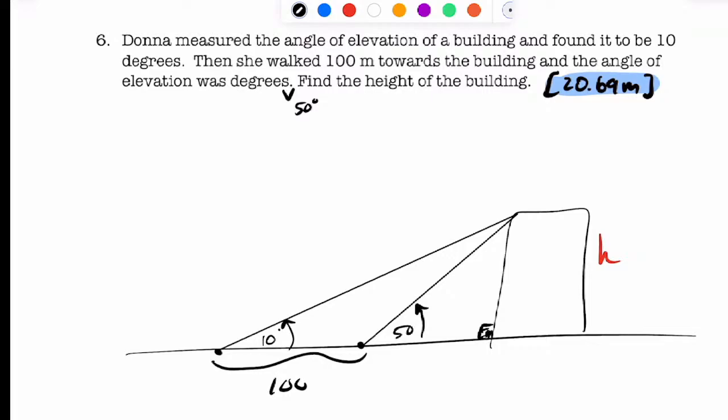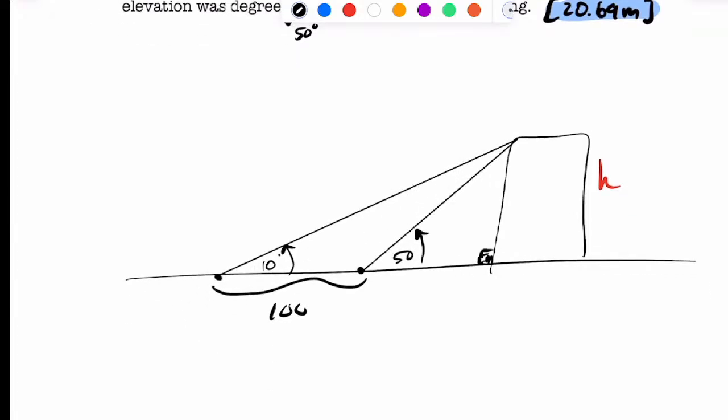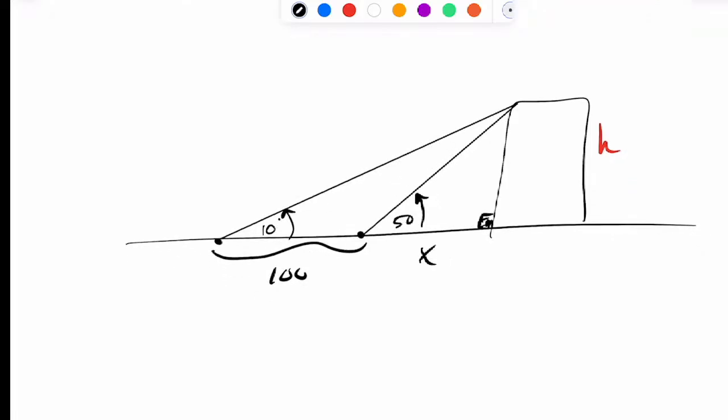Okay, so we'll go ahead and solve this. They want the height of the building. It's kind of like number 9 that we had done for Xena, except it's in the horizontal direction instead of the vertical direction, but it's the same basic idea. I'm going to let this be X, and then you set up 2 triangles.